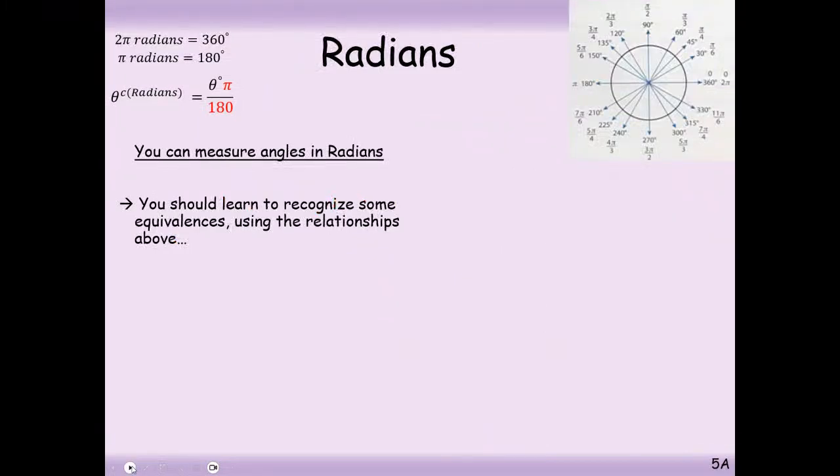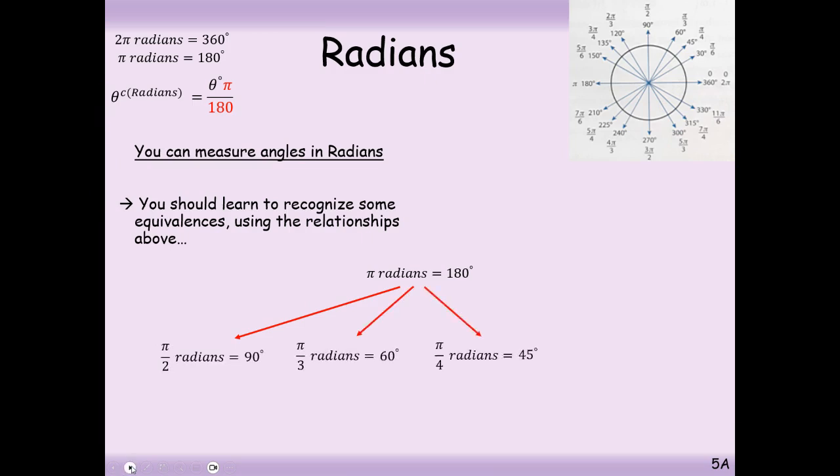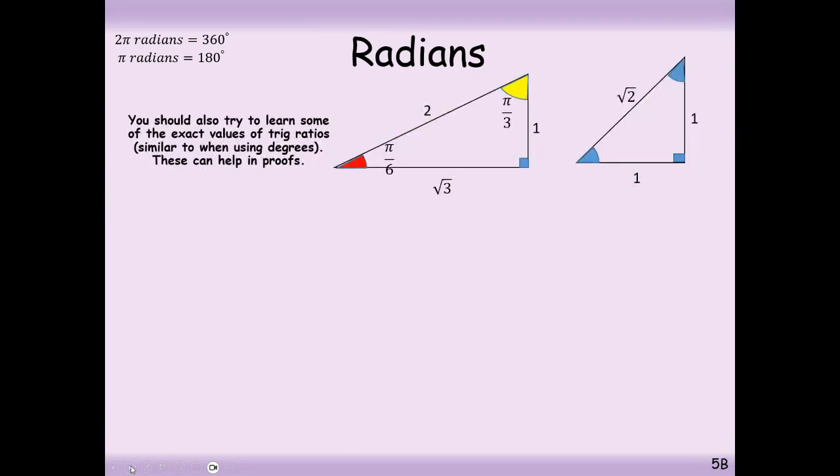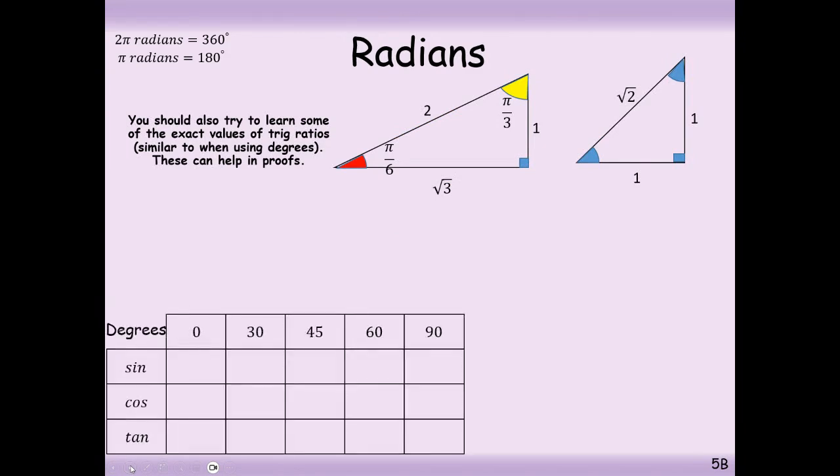In this next example, this is just a generalization of some common numbers that you might want to remember for yourself. You should be familiar with this conversion and the sine, cosine and tan of these angles.